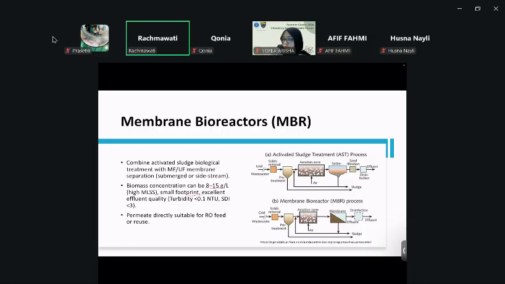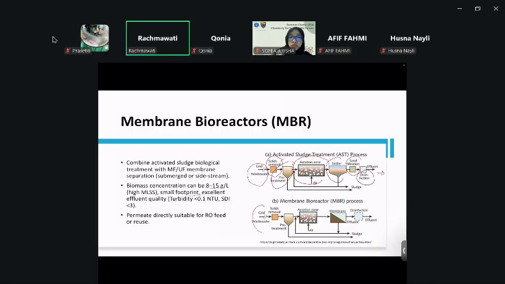This is for the activated sludge treatment process. So here we have the wastewater, and then we have a stage of solids removal, filtration, and there is a pre-treatment over here. There's also an aeration zone, and there's a settler, for example, then filtration, disinfection, and we have drinking water. But if we compare it to the membrane bioreactor process, the beginning is the same.